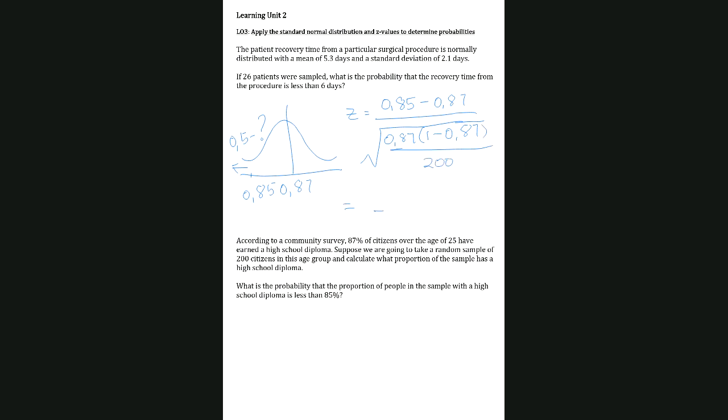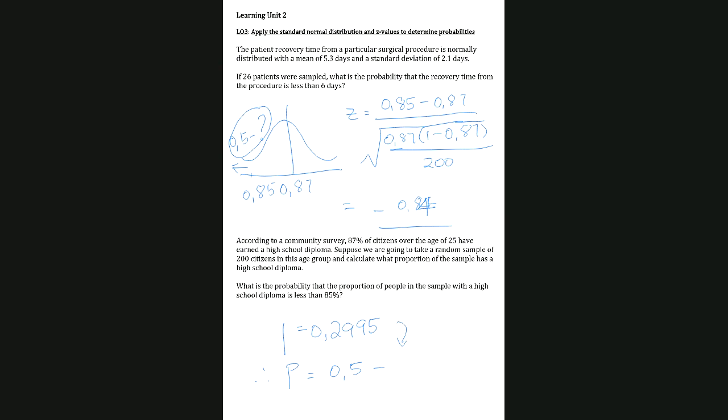This gave us minus 0.84, which we then took to table 1 of the appendix. We ignored the minus sign. We located 0.8 going down, 0.04 going across, and that gave us a p-value of 0.2995.